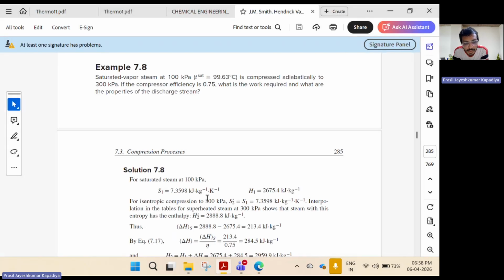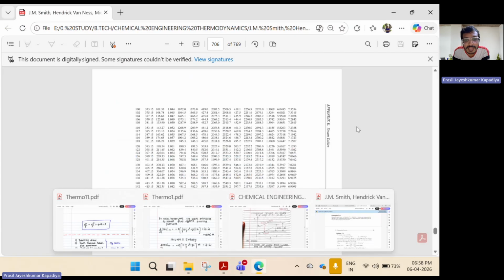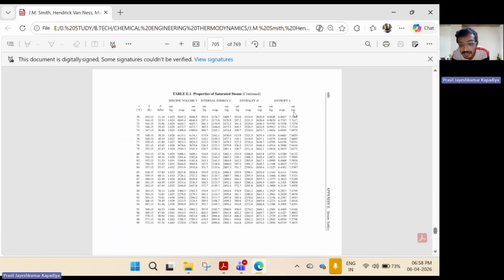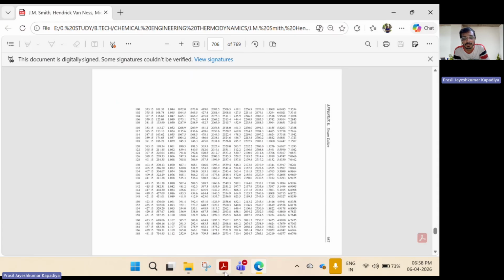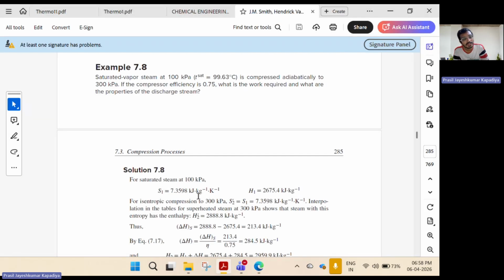After extrapolation, you get S1 as something between 7.367 and 7.35. It is 7.3598.